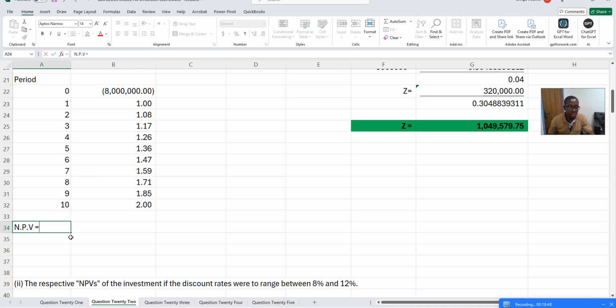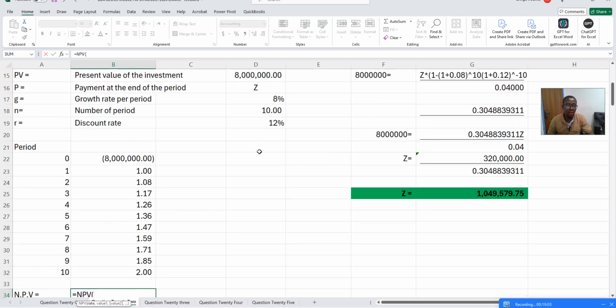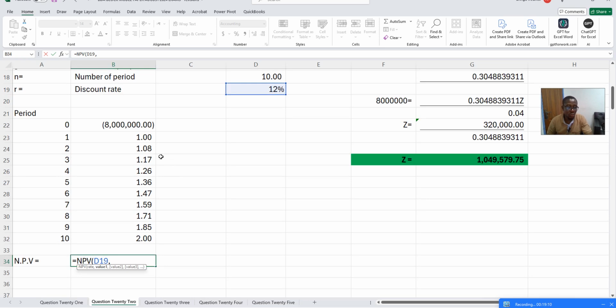Determining our net present value, remember the formula that Mwalimu guided us. We said using an Excel function, all you need to do is to click NPV. We have tab. Our discount rate is 12%, comma. Our value, this is our value that you're having. We less what?